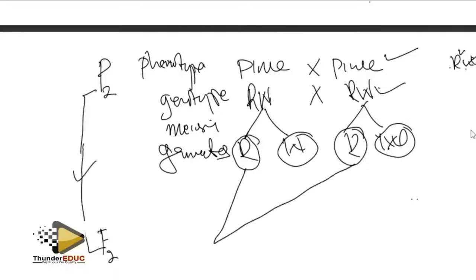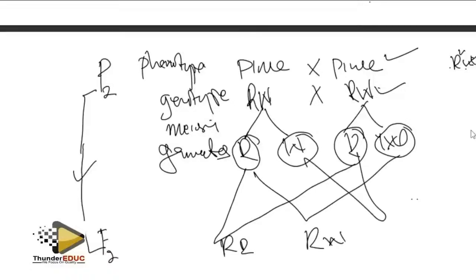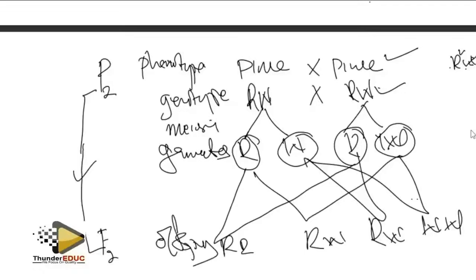So cross capital R, capital W with capital R, capital W. Because I started with R, I will start with R, capital W, and then capital W, capital W. These are offsprings. This is red, this is pink, and then this is white.